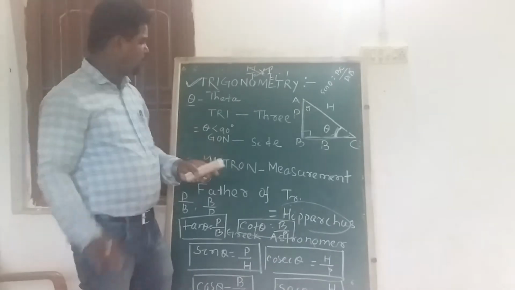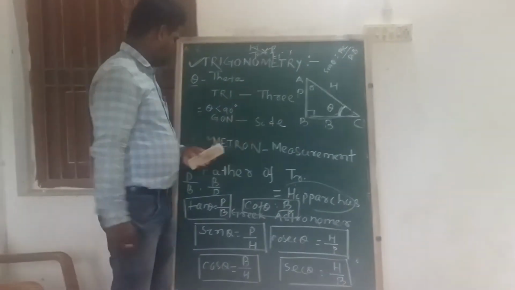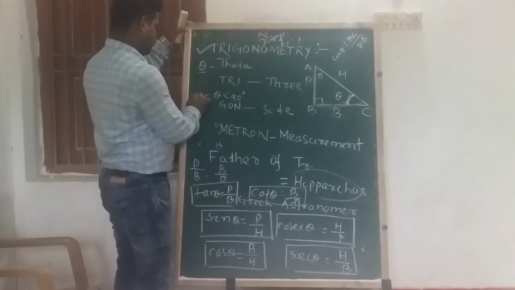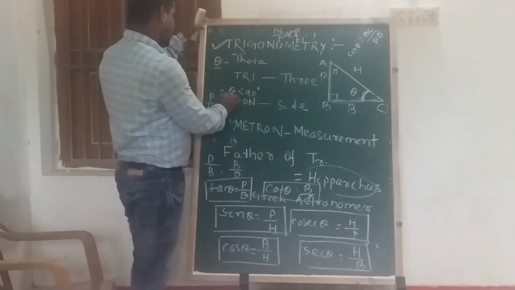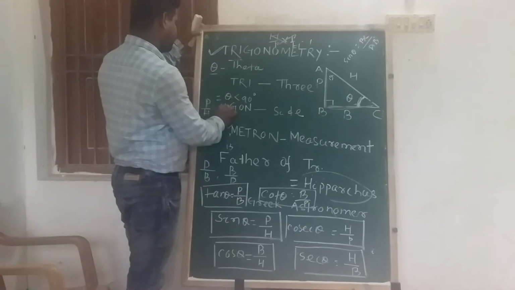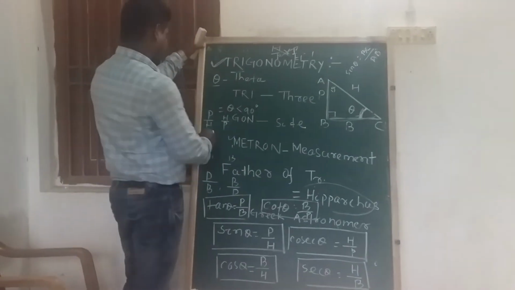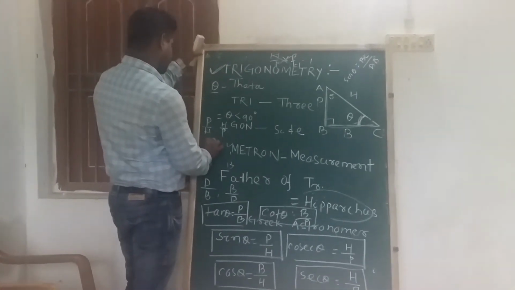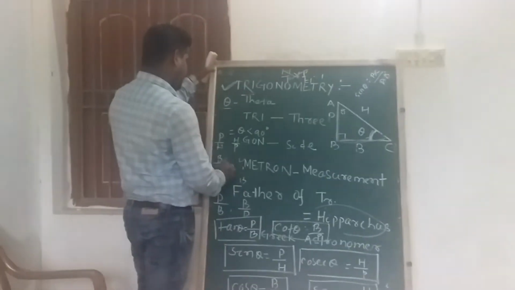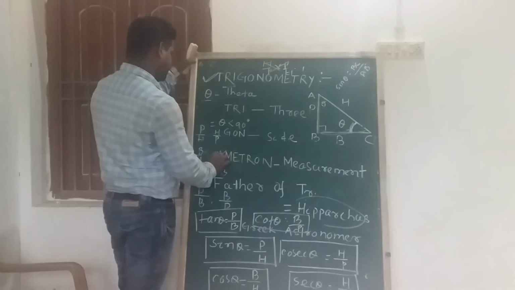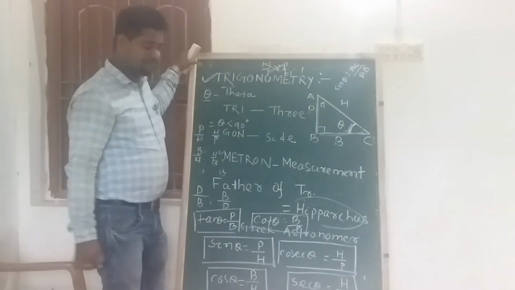Mainly 6 ratios. One is P by H, and the reverse of P by H is H by P. Then B by H, another ratio, and the reverse of B by H is H by B. Am I right?